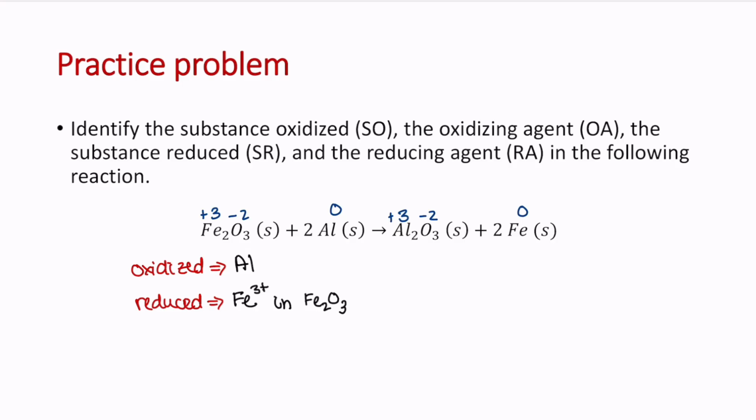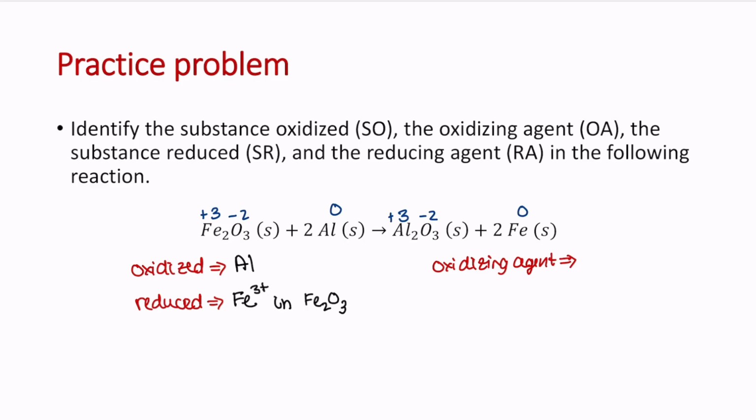oxide. Now let's look at the reducing agent and the oxidizing agent. Now, the oxidizing agent is what is causing something to be oxidized. And so it has to be gaining electrons.